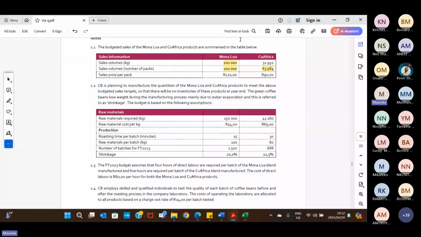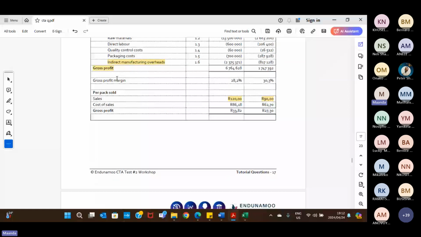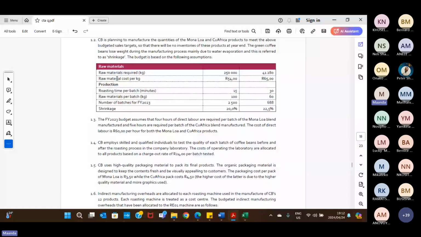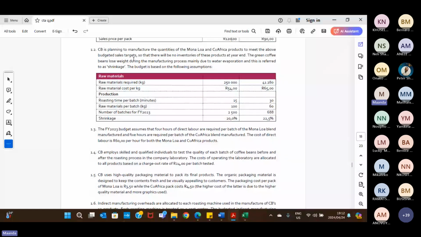Then let's go to number 2, which is the material. I'm told that CB is planning to manufacture the quantities of M and C products to meet the above budgeted sales, so there will not be any inventory at year end. When I see this, I'm very happy because whatever I'm going to produce is what I'm going to sell.